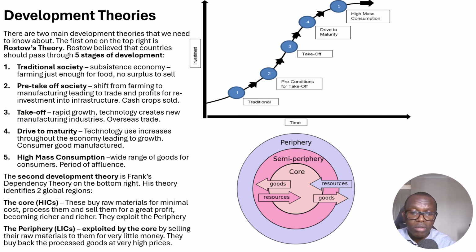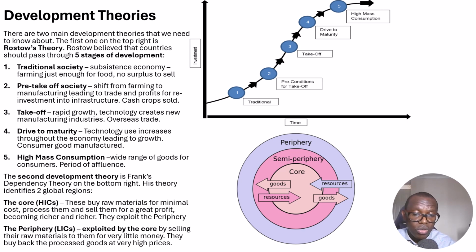They then manufacture those raw materials that they bought at a very minimal price from the poor countries, and then sell them back to the periphery for very high profit.